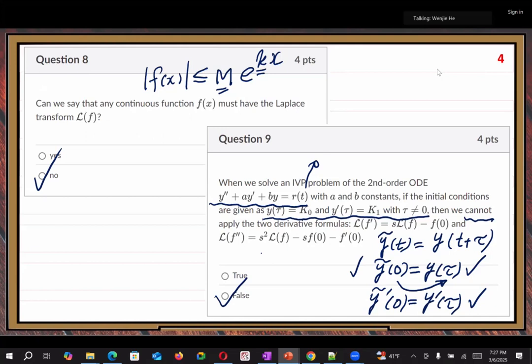Then this question, I'm thinking about whether I give you one such question in the midterm. Let me think about it. Because in your homework assignment, I didn't give you this question, as I remember.